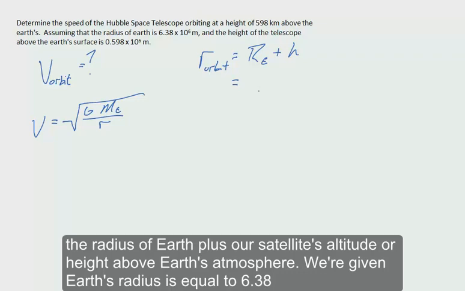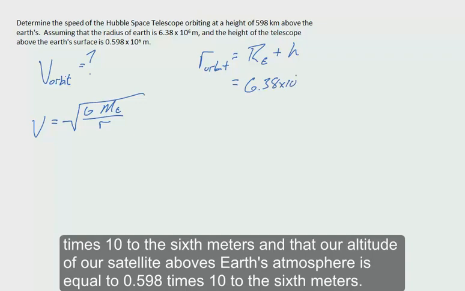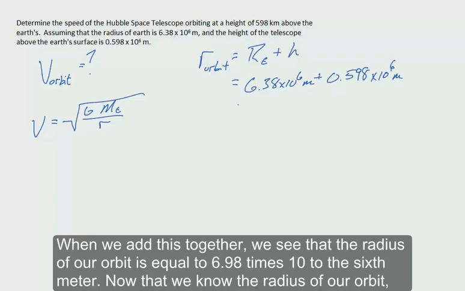Our given Earth's radius is equal to 6.38 times 10 to the 6 meters, and our altitude of the satellite is equal to 0.598 times 10 to the 6 meters. And when we add this together, we see that the radius of our orbit is equal to 6.98 times 10 to the 6 meters.